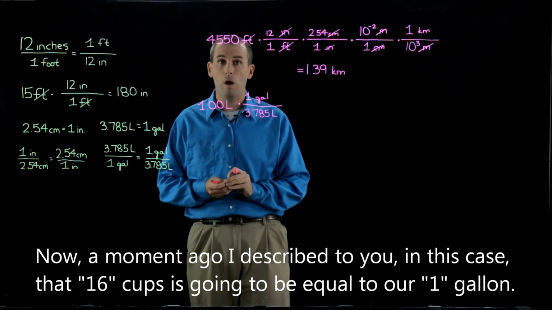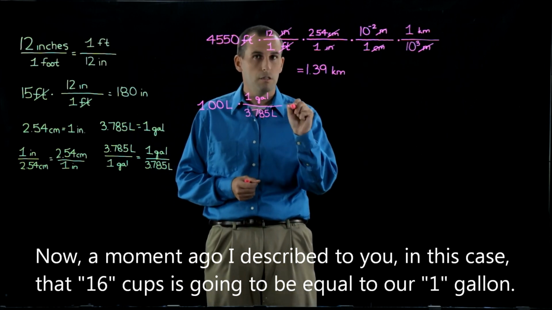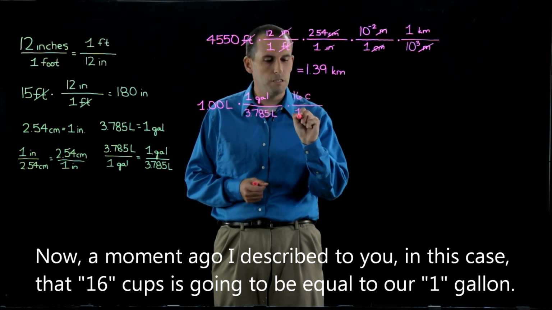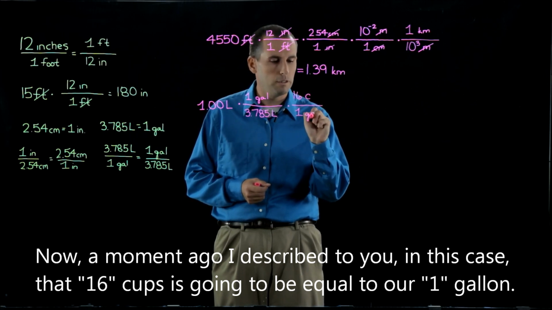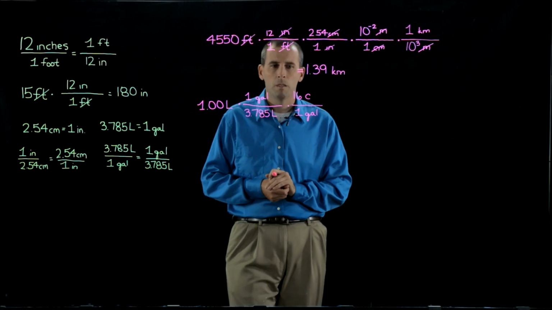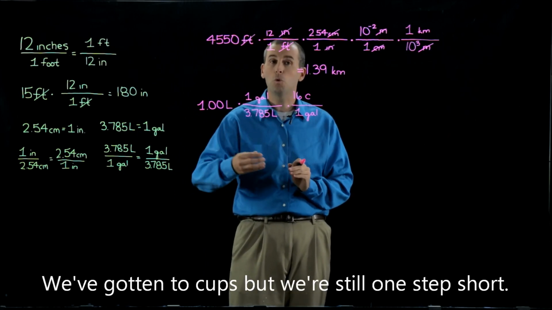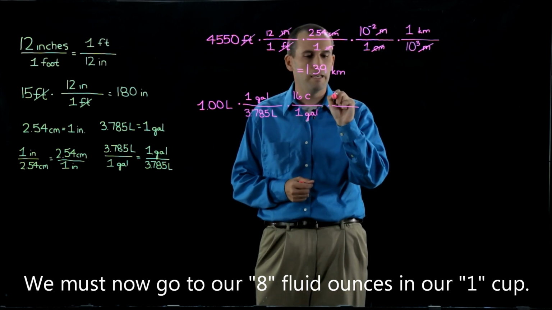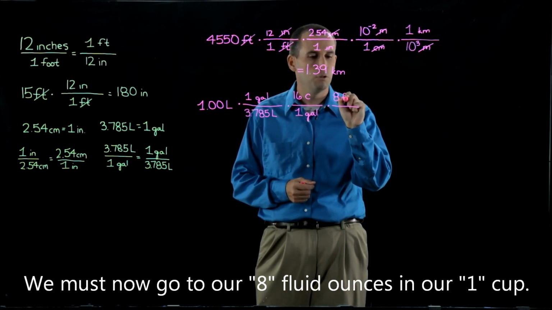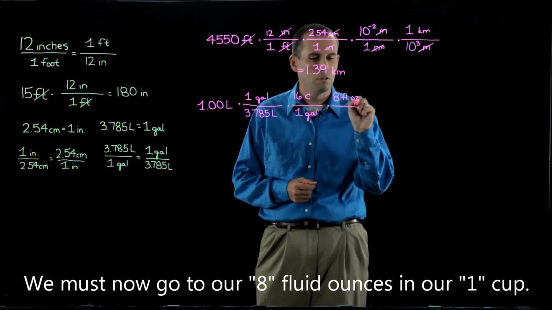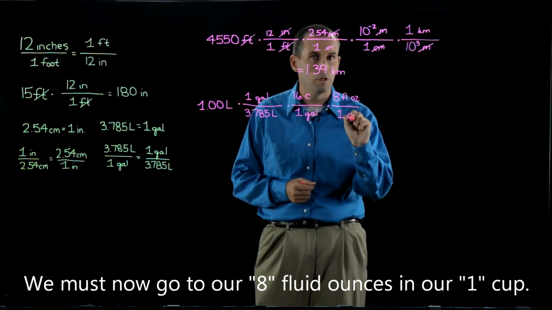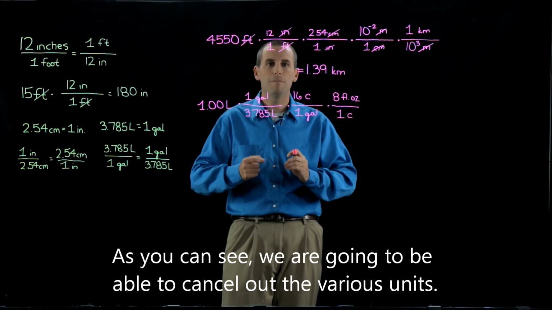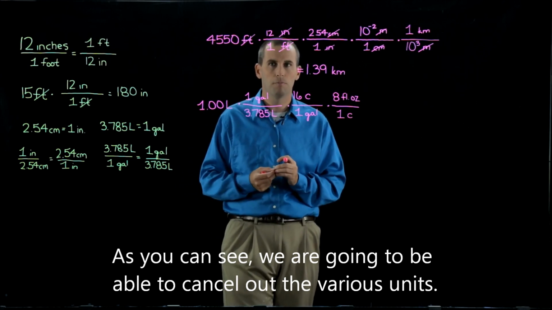Now, a moment ago, I described to you, in this case, that 16 cups is going to be equal to our 1 gallon. We've gotten to cups, but we're still 1 step short. We must now go to our 8 fluid ounces in our 1 cup. As you can see, we are going to be able to cancel out the various units.